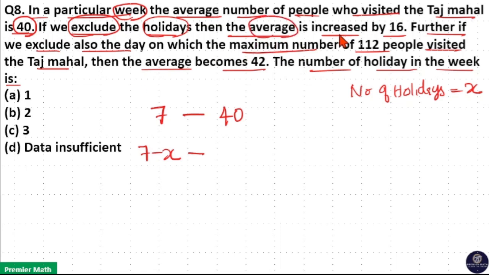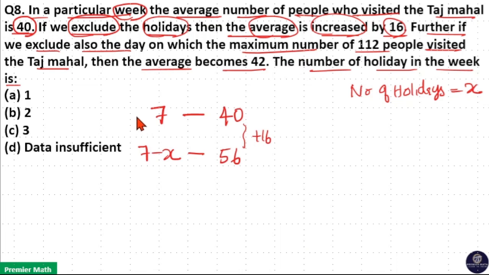Then the average is increased by 16. Previously, without excluding holidays, the number of days is 7 and the average is 40. Now after excluding the holidays, the average is increased by 16. That means the average is 40 plus 16, 56, for 7 minus x days.